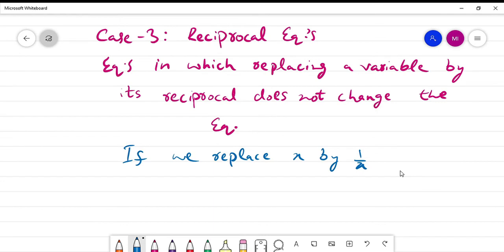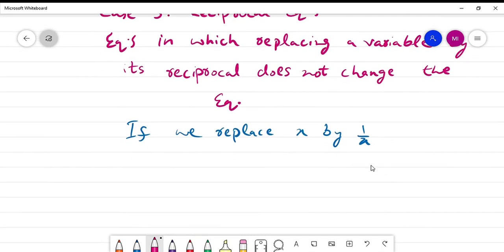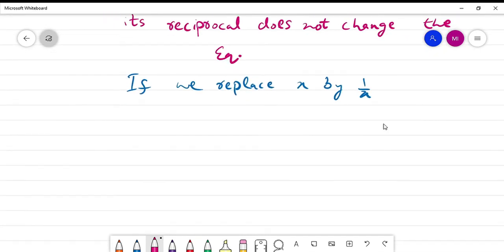And not all equations are, of course, reciprocal. And not all reciprocal equations can be solved by the method we're going to be using in this video, or right now. So let's look at the type of reciprocal equations we can apply the method on.